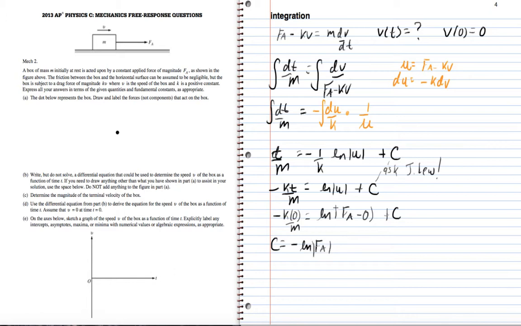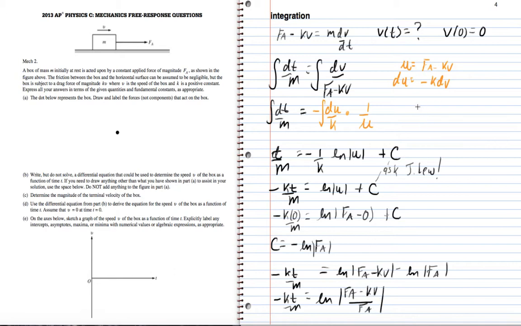That's awesome. Now let's go back and see what our expression looks like. So we have negative kt over m equals natural log of, let's just swap out the u, Fa minus kV, minus natural log of Fa. I'm going to rewrite that as a fraction, so I'm going to have negative kt over m equals the natural log of Fa minus kV over Fa.